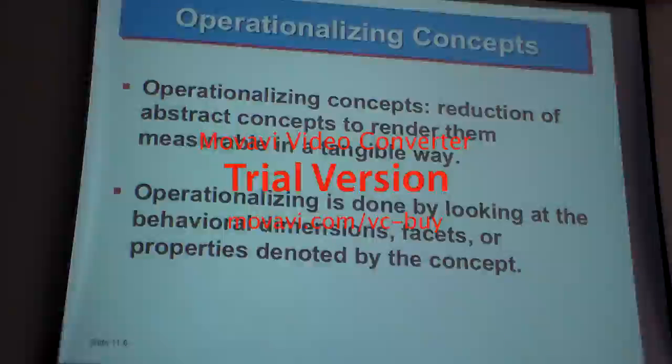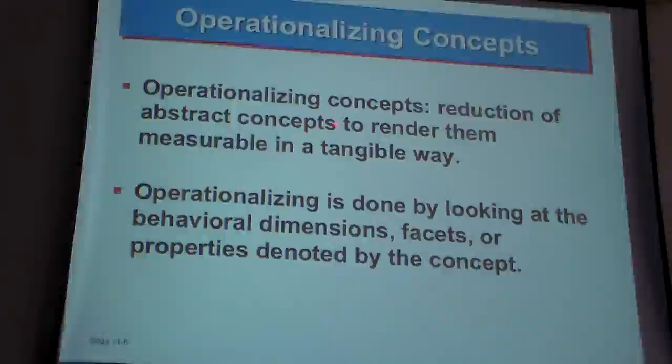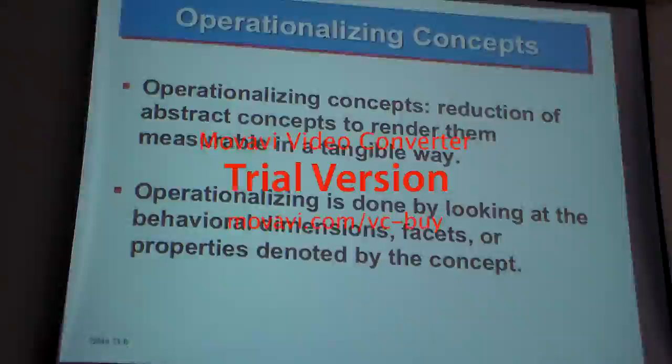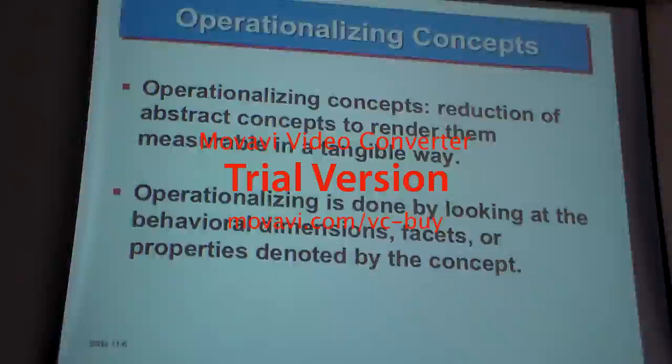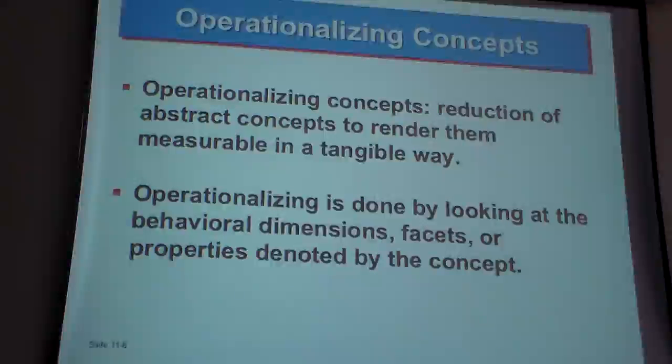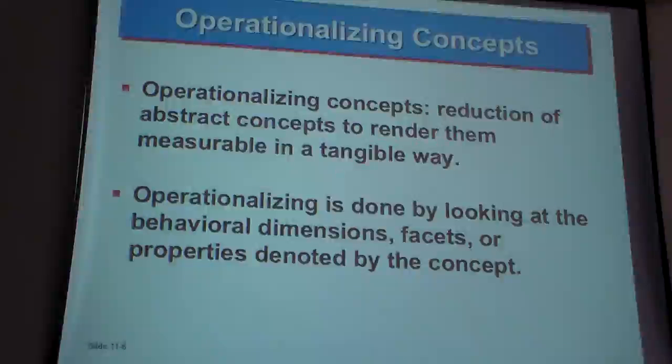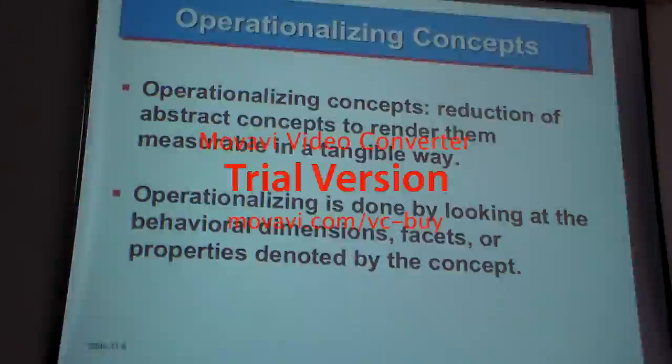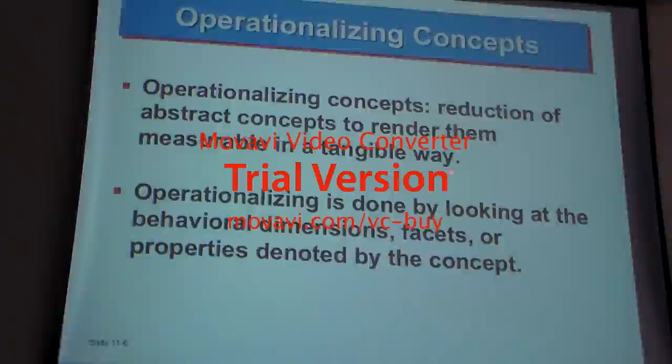Operationalizing concepts means reduction of abstract concepts to render them measurable in a tangible way. To make it measurable, we need to transfer it into a form that we can measure. So we reduce the abstractness of the variable to make it measurable, so we can give it some coding in a tangible way.